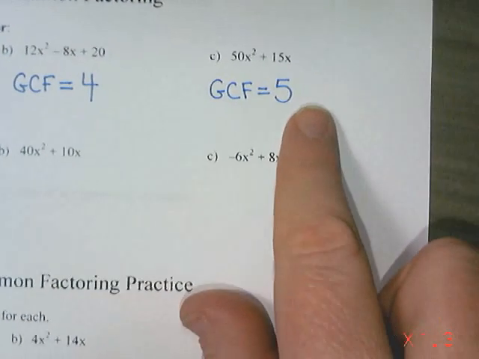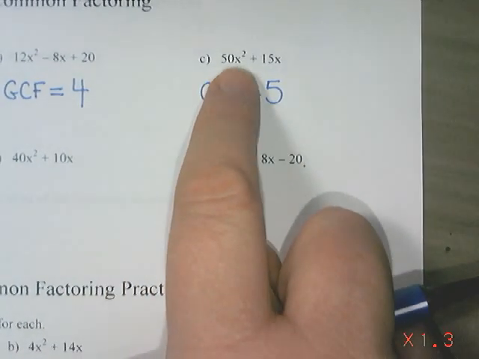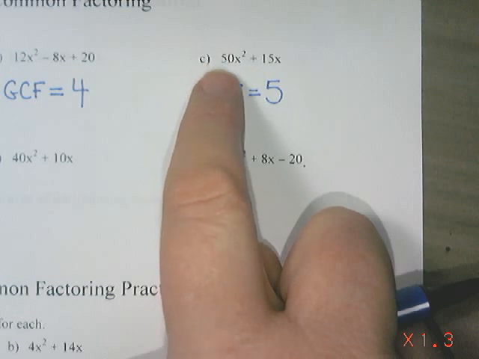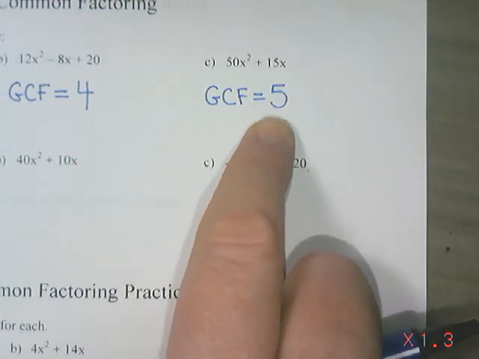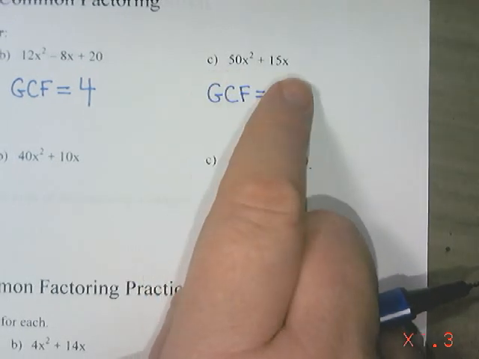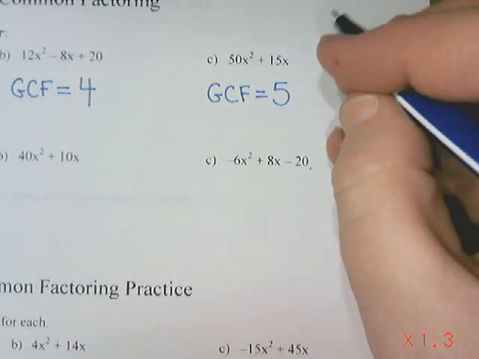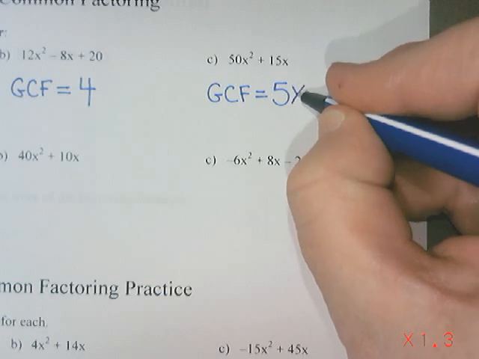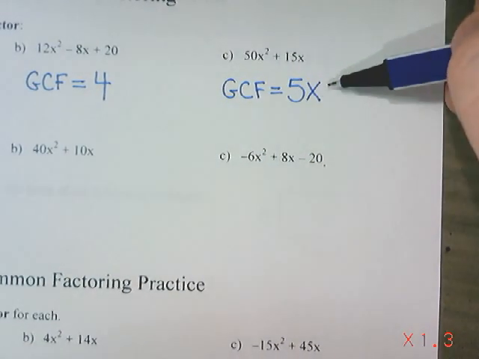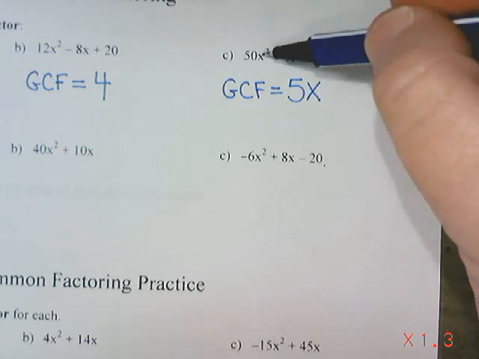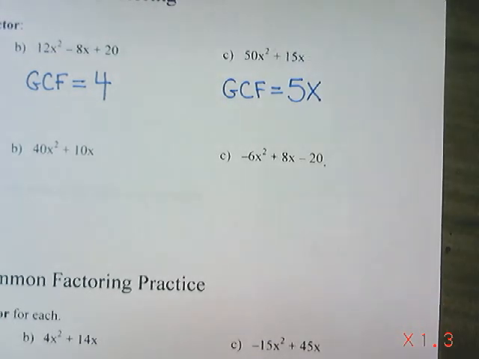This last one, however, I see that they both have x's. So because they both have x's, not only will they divide by 5, they will also divide by x. So the greatest common factor for this one isn't just 5, it's 5x because they both have an x.